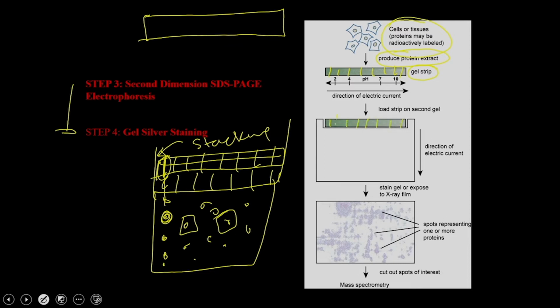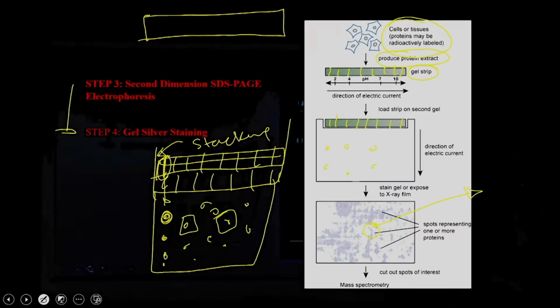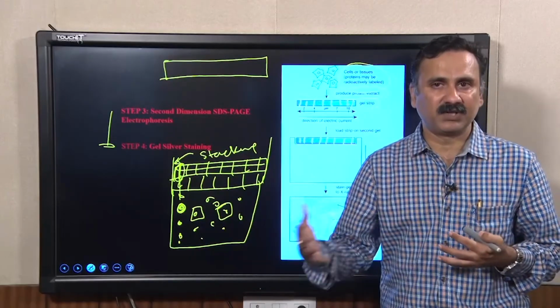Each band is now resolved into individual spots, and that is how you get 1000 to 2500 different spots, and these spots can be cut out from the gel and used for downstream applications like protease treatment and mass spectrometry.